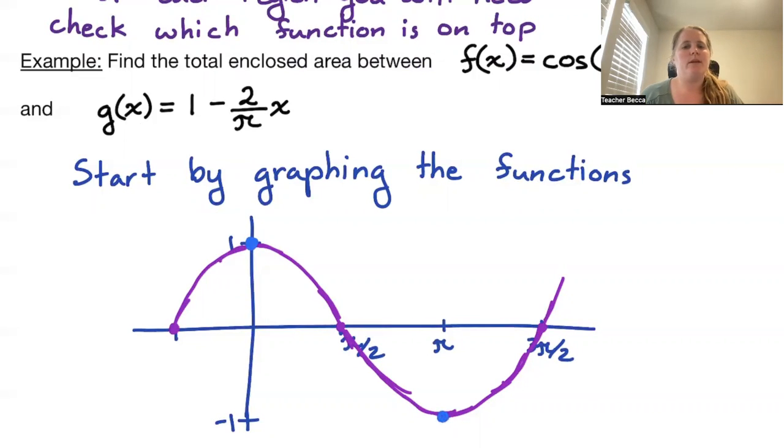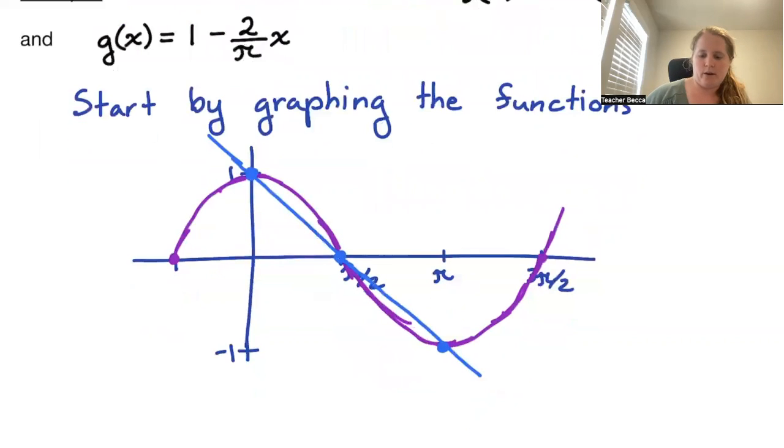If we view negative 2 as our rise and pi as our run, we will go through the point at pi, negative 1. Along the way, we happen to pass through the point pi over 2, 0. Then from there on out, the line will be well out of the range for cosine. So those will be our only 3 points of intersection.